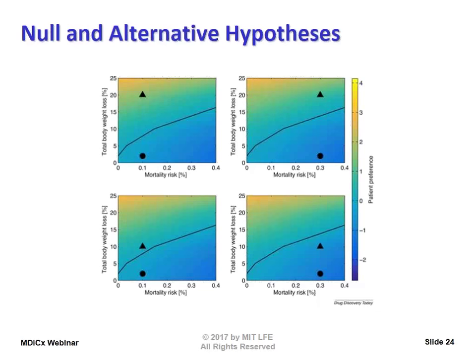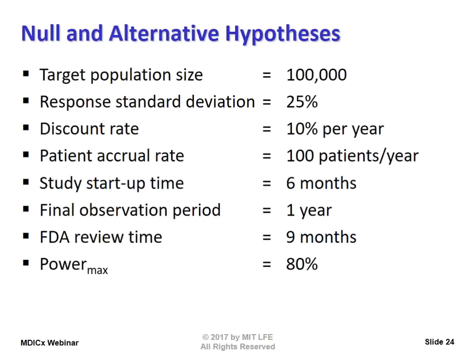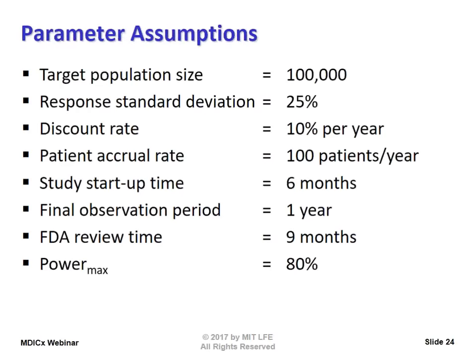So actually, in this last case, we see that the alternative hypothesis is in fact less preferred to the control treatment. And so we'll see that our framework tells us that we should reject this device without even running a clinical trial.